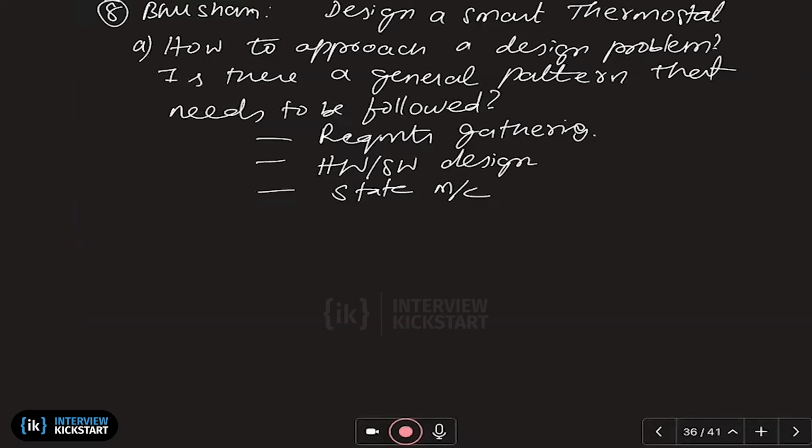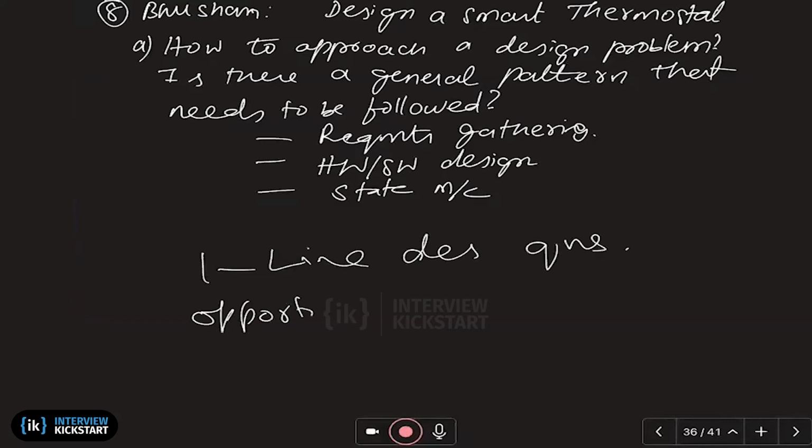So basically, what is the purpose of this kind of open-ended design questions, right? It's an opportunity provided by the interviewer to demonstrate certain design skills, right?